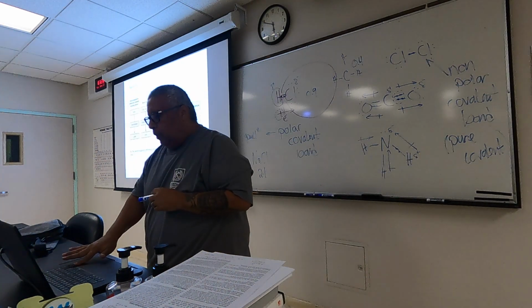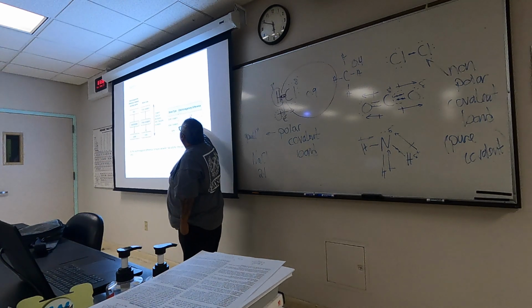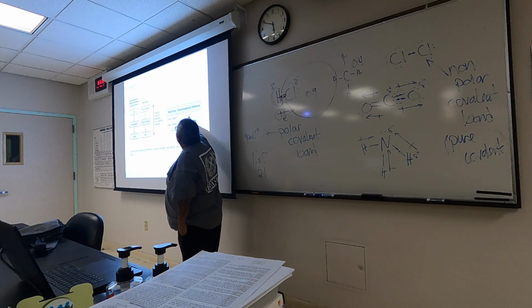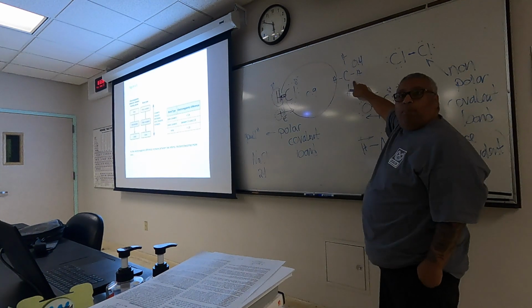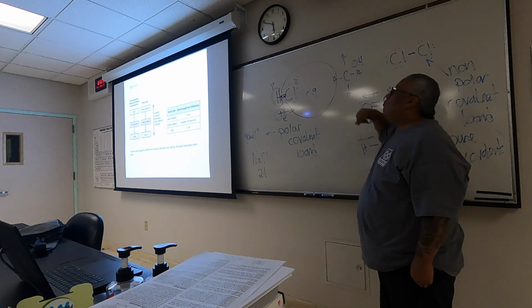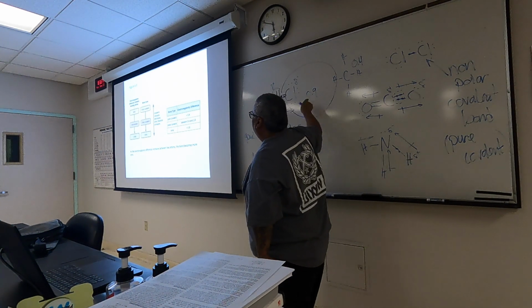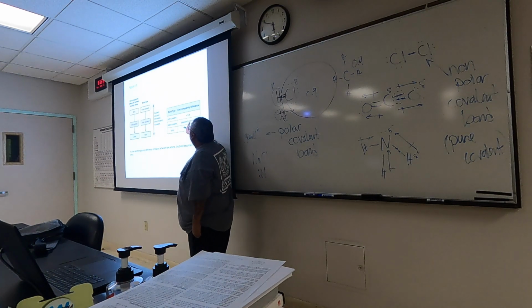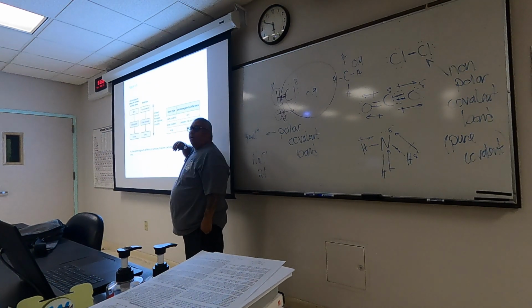So if we take a look here, this should be an equal sign. It should be equal to or less than 0.4. But 0.4, as we can see, means the bond between carbon and hydrogen is a nonpolar bond. The difference between hydrogen and chlorine, 0.9, is definitely between 0.4 and 1.8, so that's going to be a polar covalent bond.